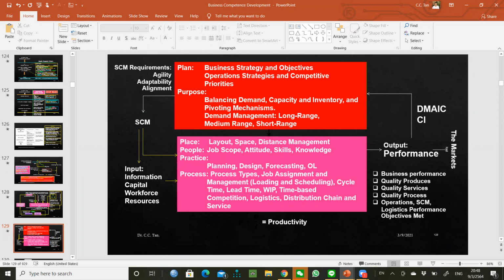And then you not only go to the market, but also you get the data back, and continuous improvement, or Six Sigma, capability management, and then from there you can adjust and fine-tune your plans and purposes, and manage and lead your supply chain management in terms of agility, or adaptability, or alignment between each of the members, and also provide the input, information, capital, workforce, and resources for you to do that. And your supply chain management here includes those who supply your funding, right? So we're talking about capital.